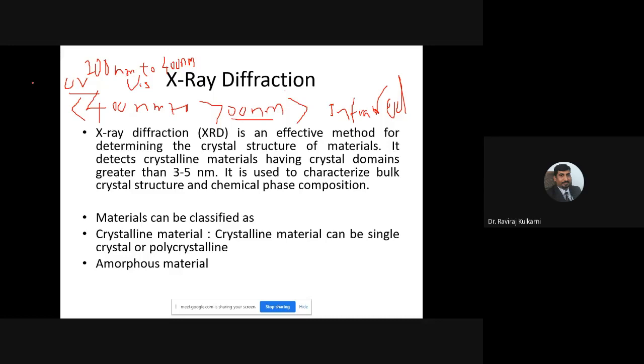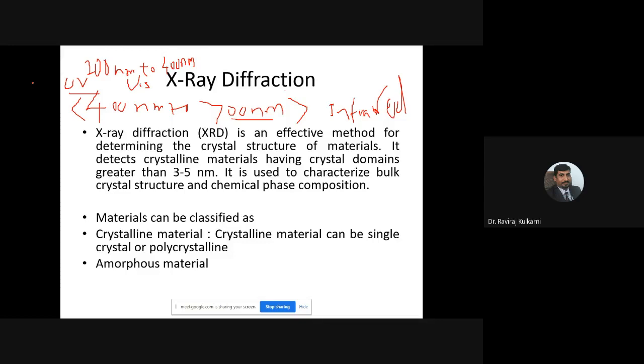Materials can be classified as crystalline materials and amorphous materials. What do you mean by crystalline materials? Materials which have got definite shape, definite structure are called crystalline materials.